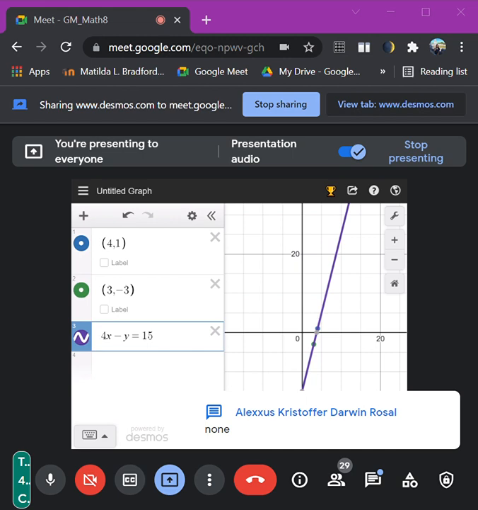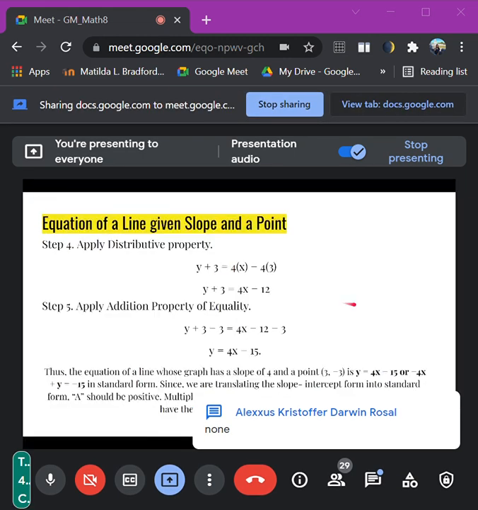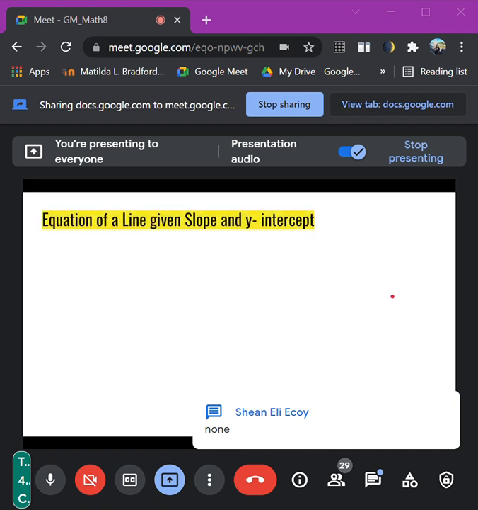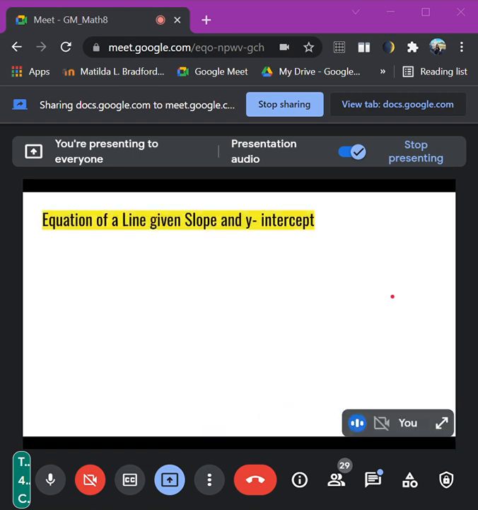Now, this time, class, we will proceed to our last situation, which is the equation of a line given slope and y-intercept. So our given here is the slope and the y-intercept. The slope is m and the y-intercept is b, which is actually the easiest among the three.